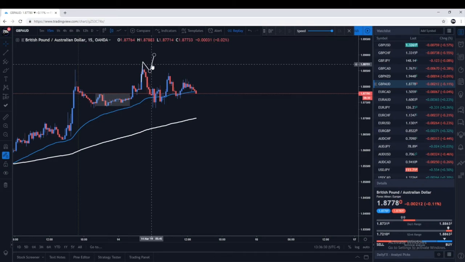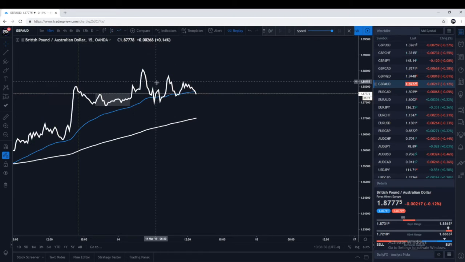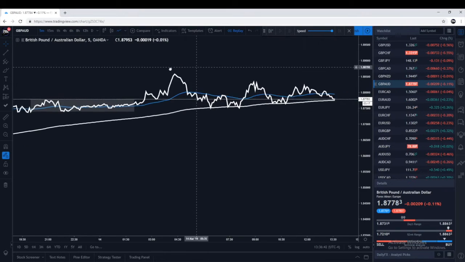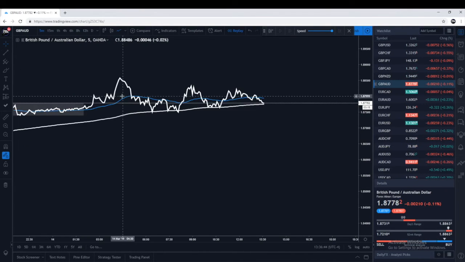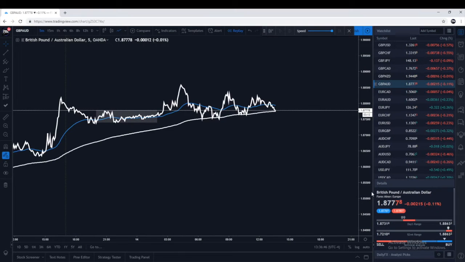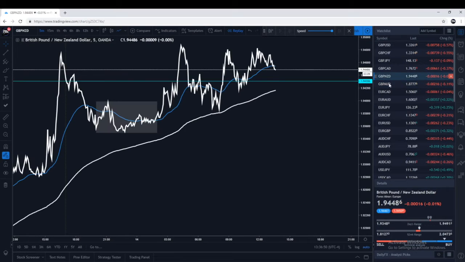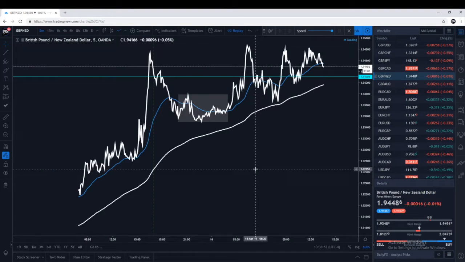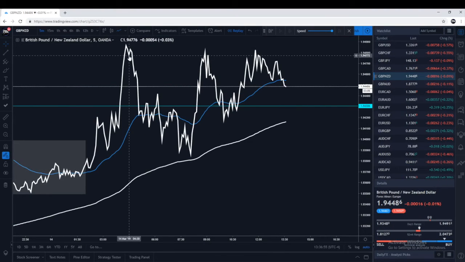A good way to catch it, to make sure that you don't miss it, is to go to the line chart, okay? And sometimes if you just toggle to the 5-minute chart, it should help you see it if it's there, right? Like this.